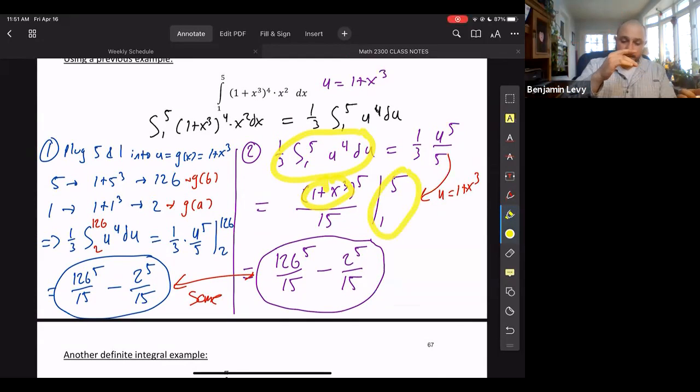On the left, we change the bounds, do the u substitution, don't plug u back in, and then use our new bounds. So notice the three differences there. We change the bounds and use the new bounds, or we don't change the bounds, but we plug u back in.